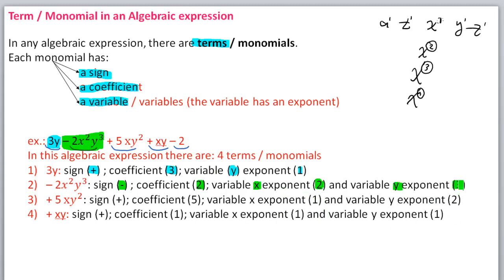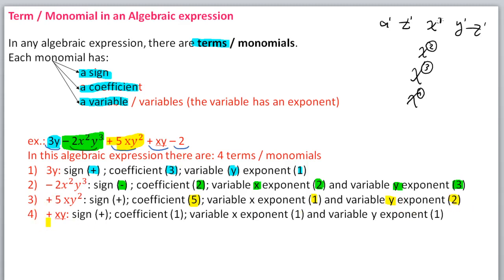So just write it like that. Let's go to the next one: 5xy squared. Its sign is positive, its coefficient is 5, its variable is x with exponent 1, and y with exponent 2. It's not very hard, it's very easy.